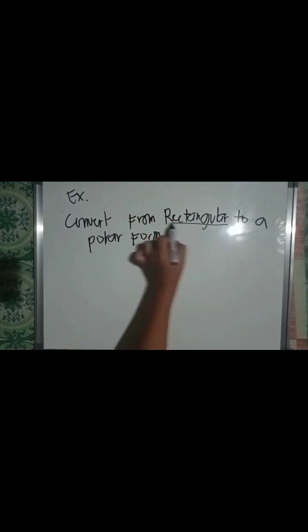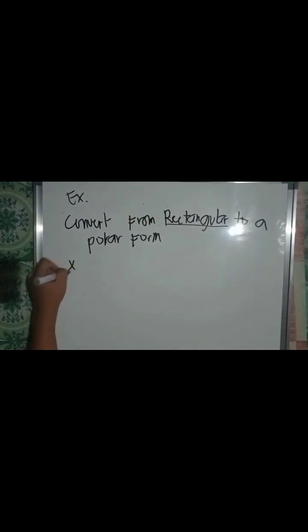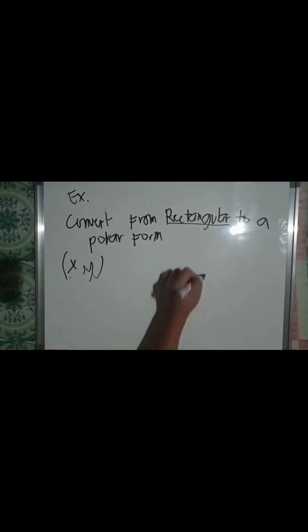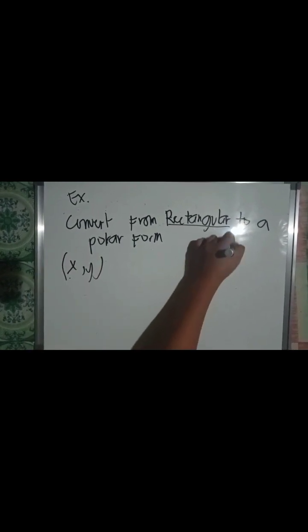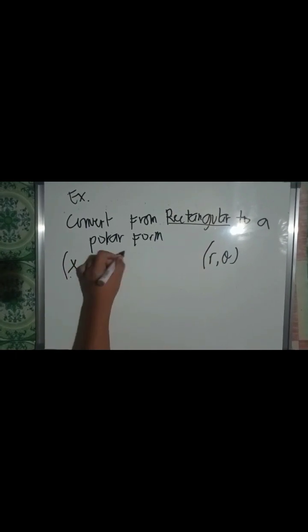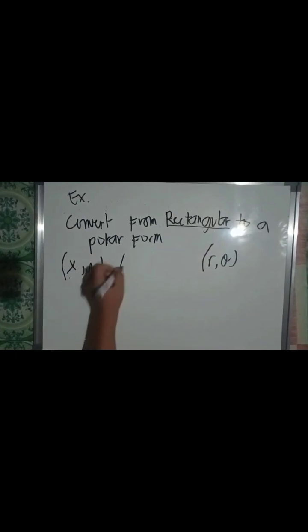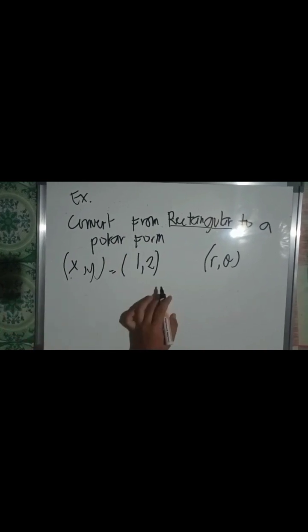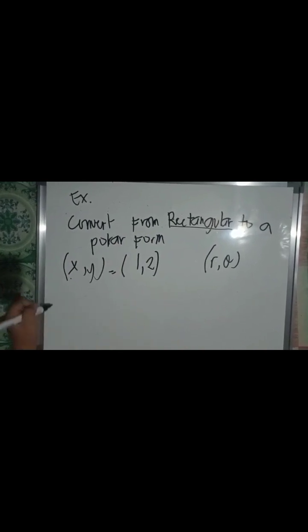Since our rectangular form is x and y, converting this, the result should be r and theta. And the given x and y are x equal to 1 and y equal to 2.